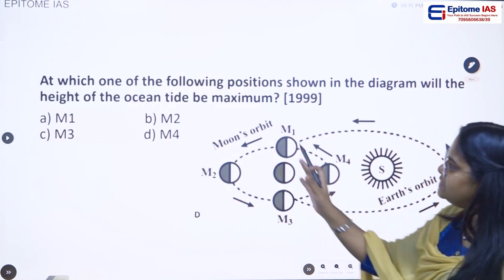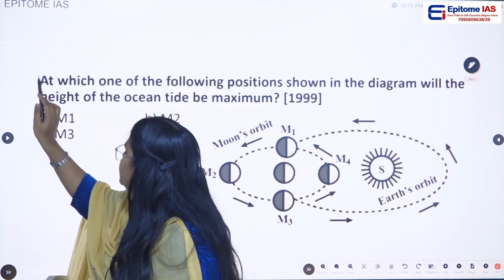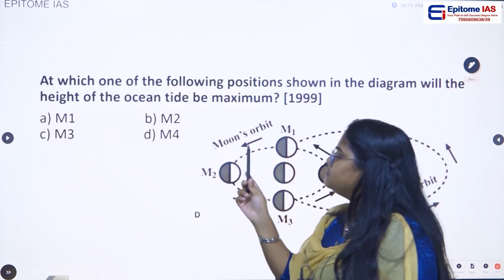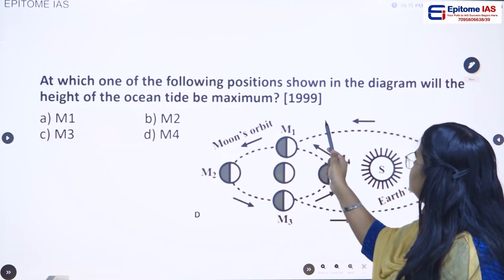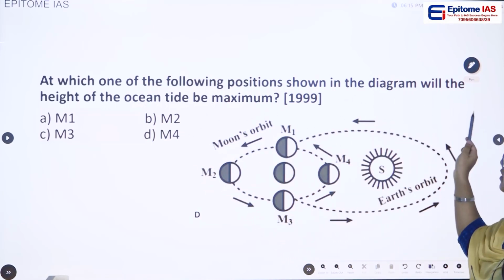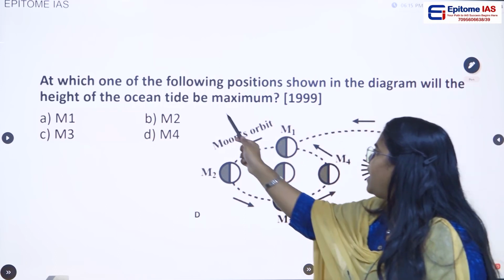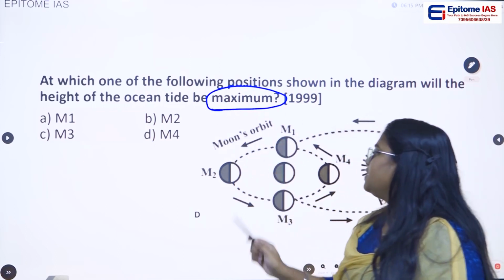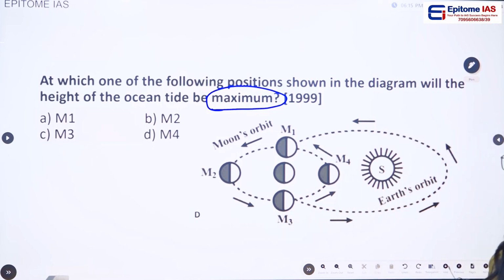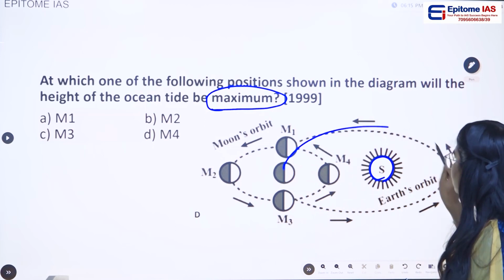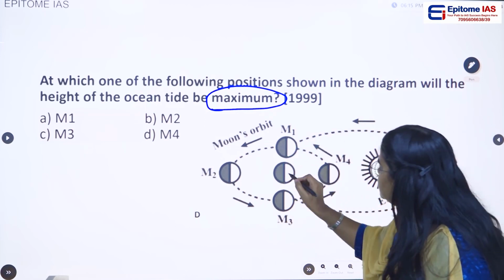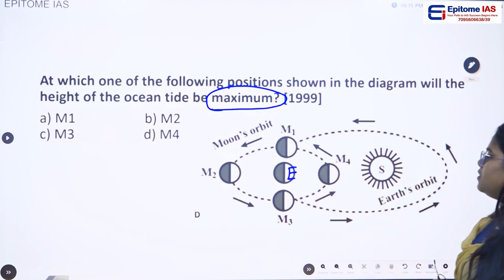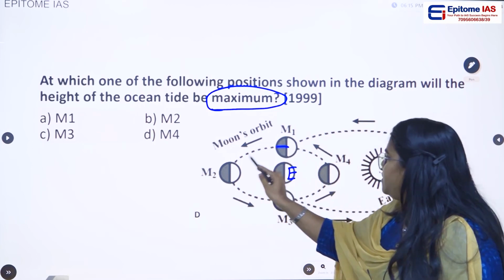Then if you see the next question, I think this is question number 8. At which one of the following positions shown in the diagram will the height of the ocean tide be maximum? M1, M2, M3, M4. If you see here, this is the position of the sun, and we know that the earth revolves around the sun, and this is the earth's position, and this is the orbit of the moon.